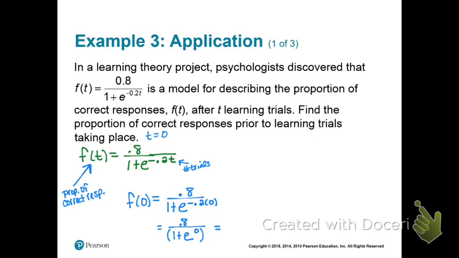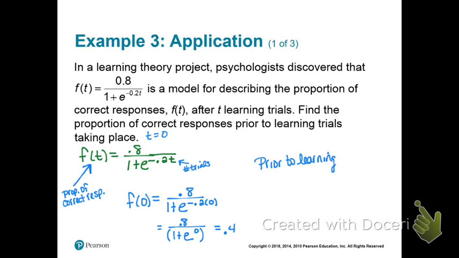All right, so what did we get when we plugged that in? 0.4. All right, so prior to learning trials. So why didn't we put the negative 0.2 in there? Because I multiplied the negative 0.2 times the 0. That's how I got 0.